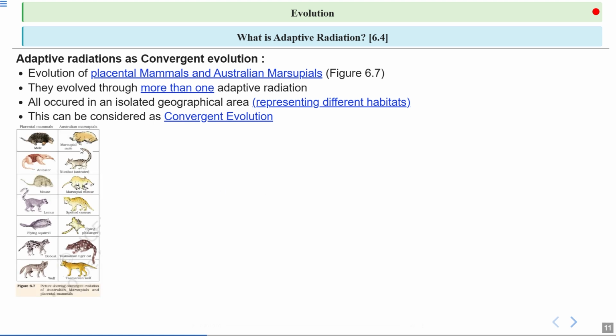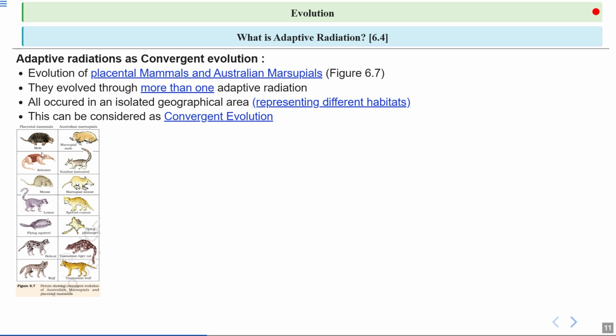Here you can see in this image, the placental mammals are very similar to the Australian marsupials. This is an example of convergent evolution. There are two different adaptive radiations occurring in two different habitats. This picture shows you the convergent evolution of Australian marsupials and the placental mammals.